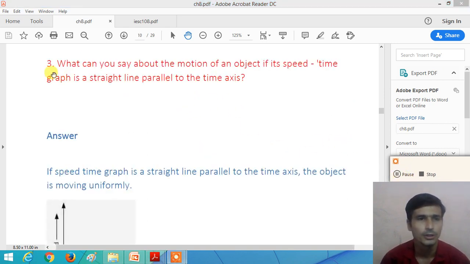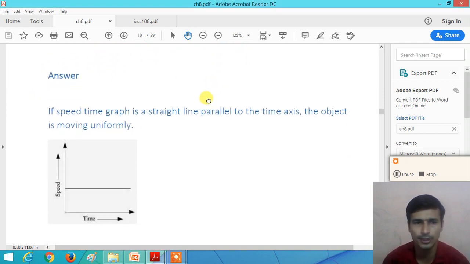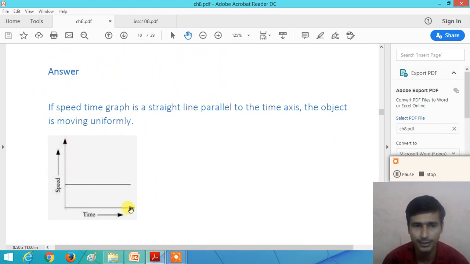Now question number 3, what can you say about the motion of an object if its speed time graph is a straight line parallel to the time axis? So here, dear student, if the speed time graph is a straight line parallel to the time axis, what can you say about the motion of the object, right?